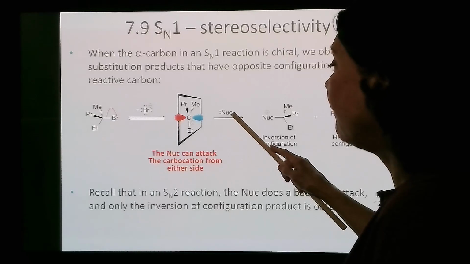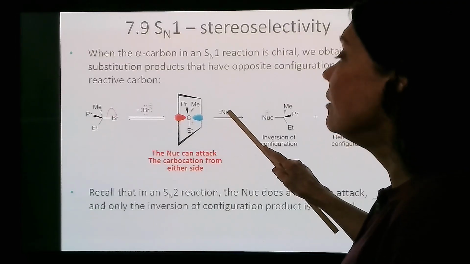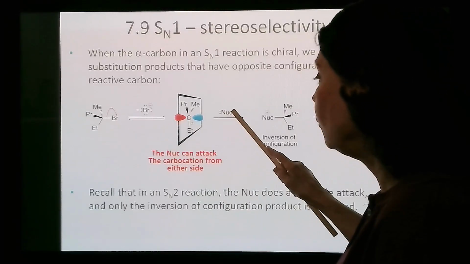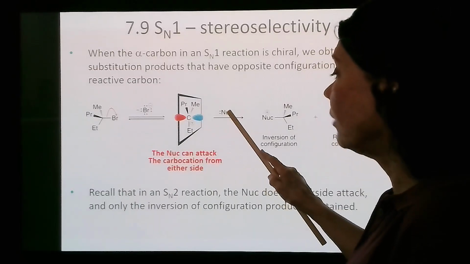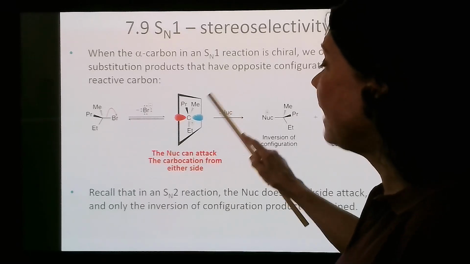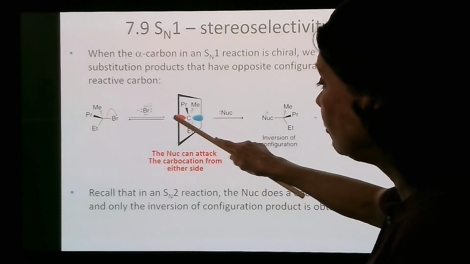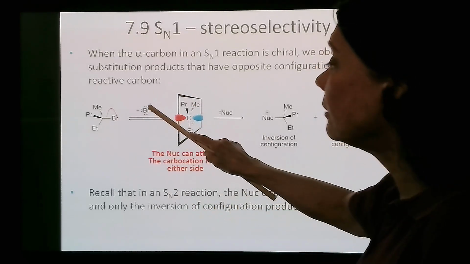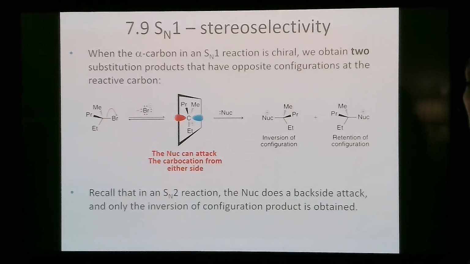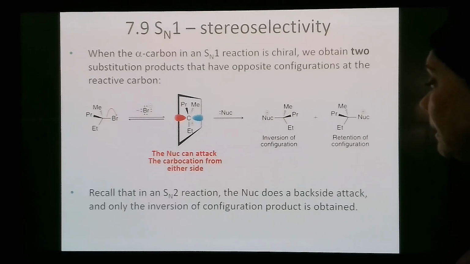The nucleophile is rich in electron density, and it is going to be a little bit repulsed from this side of the molecule by the negatively charged bromide. That will make this just a tiny bit more likely to react with a nucleophile coming in from the back side, because the bromide will block this side just a little. But it's not much. At the very most, 5%. It's going to be a very small difference, but it has been observed.